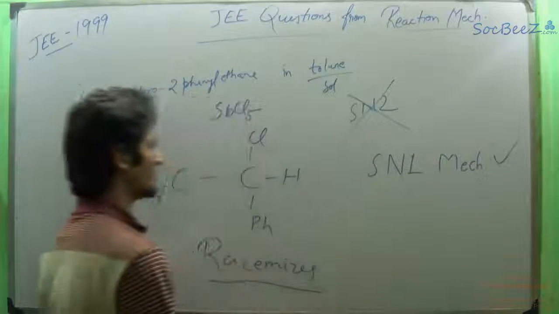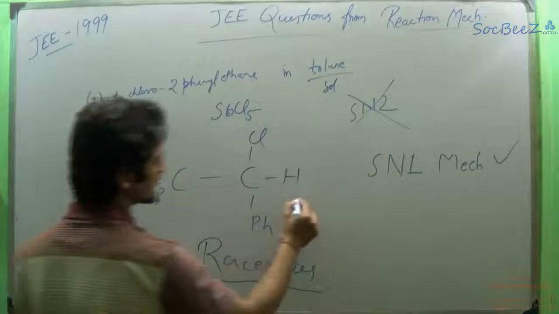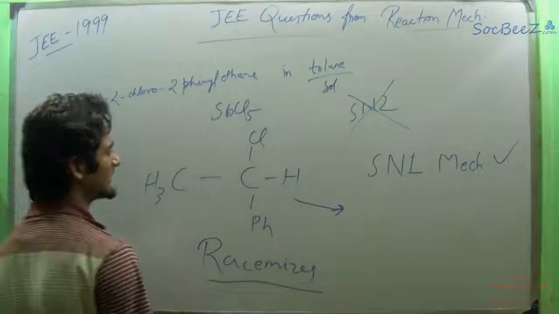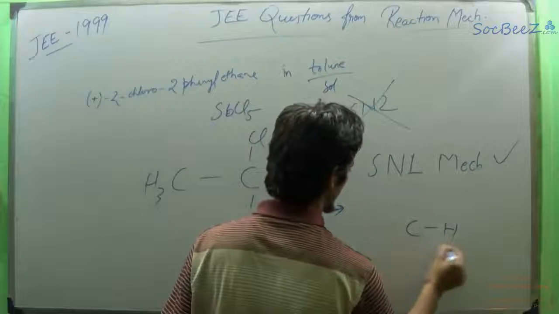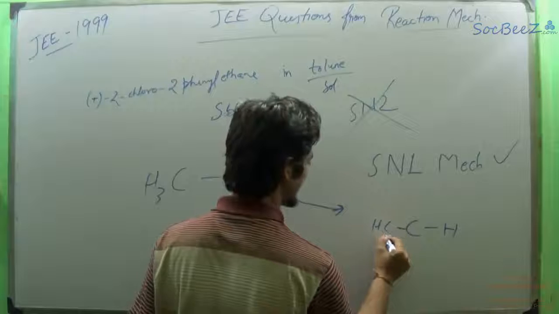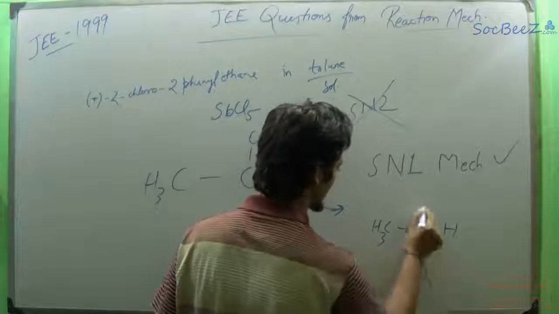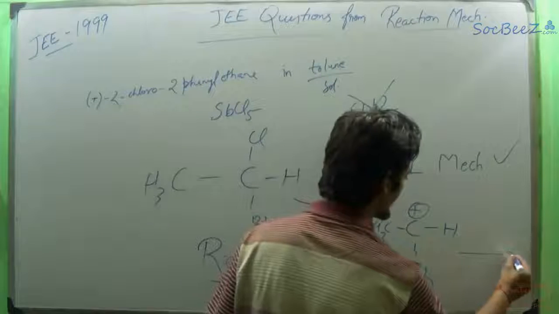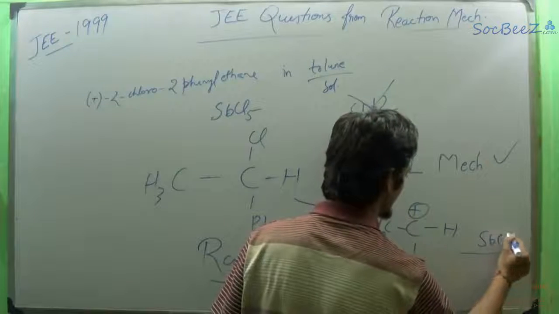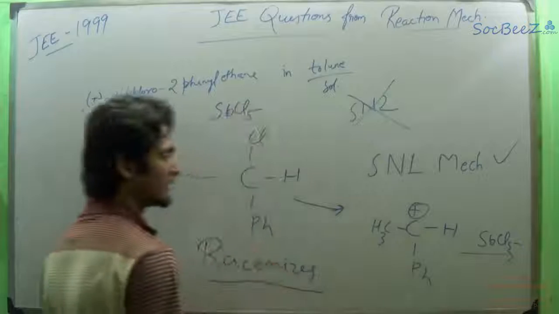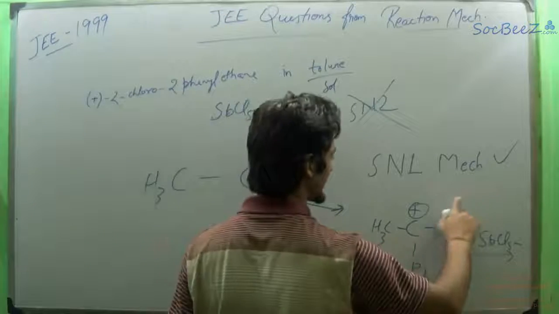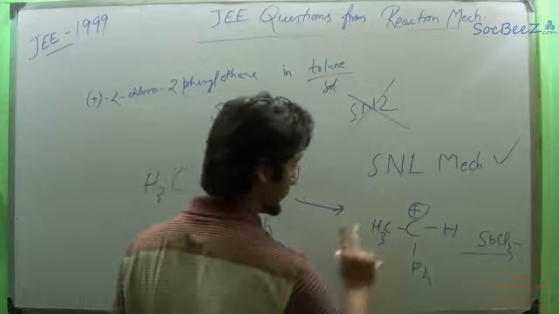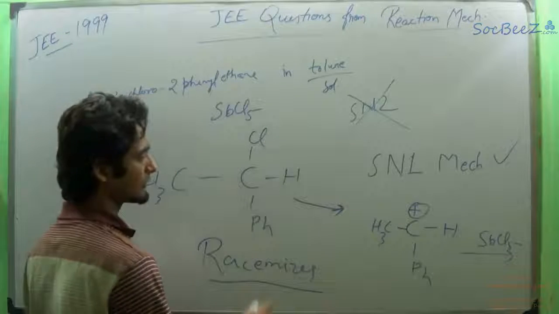So what actually happens is it leads to the formation of a carbocation, CH3 and phenyl on a positive carbon. Now we have SbCl5 in our reaction mixture, which can provide Cl. So this Cl will attack as Cl minus and will be attached to this carbocation, giving us both possible configurations.